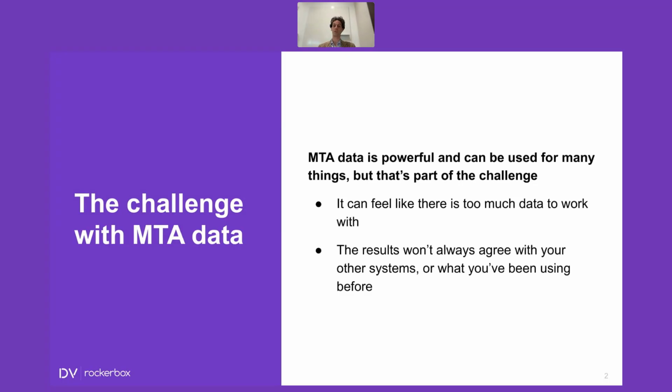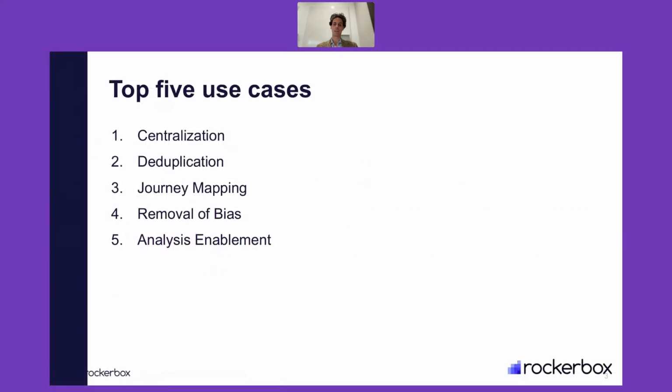So the more you can keep things clear in your mind, make sure you know what MTA is used for and use it in the right way, the better. So without further ado, we're going to get into 5 different separate use cases that I think are really important for MTA.